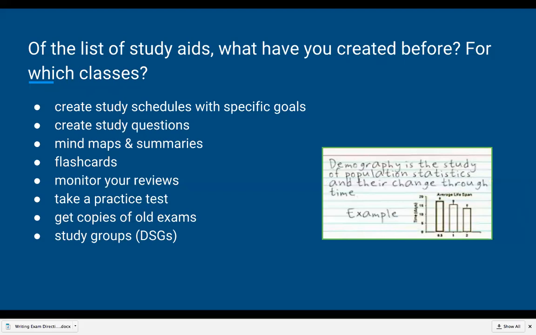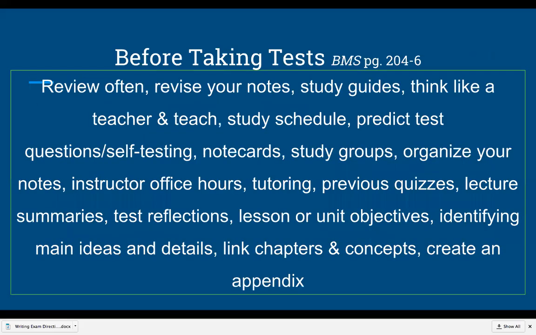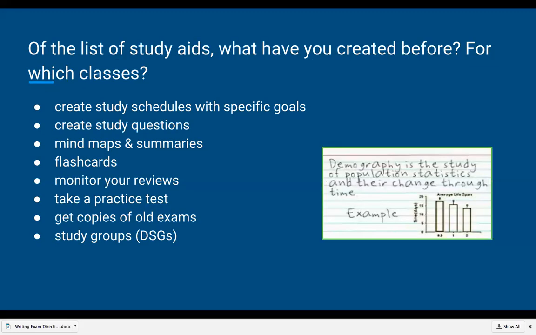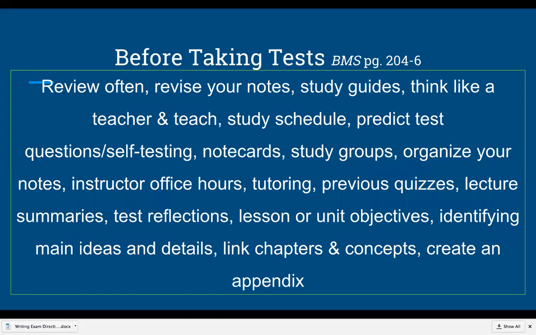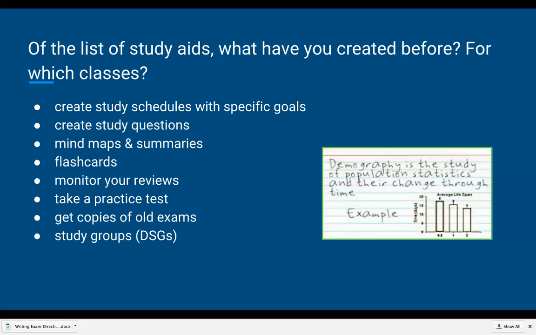Another thing to keep in mind when we get to test anxiety is that when you start to notice all of these things that you're using or that you know about test taking, and you've prepared for a test, it's not that you've crammed, but you have been studying for tests. And you've been putting all these skills to use.